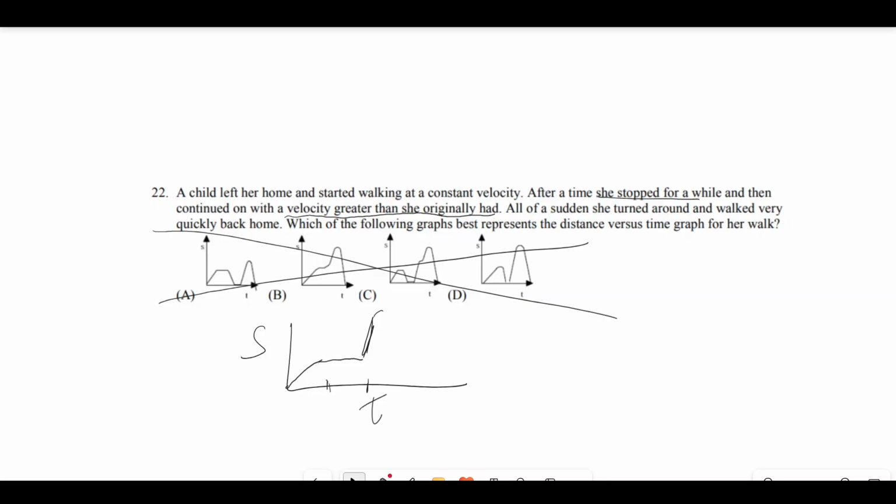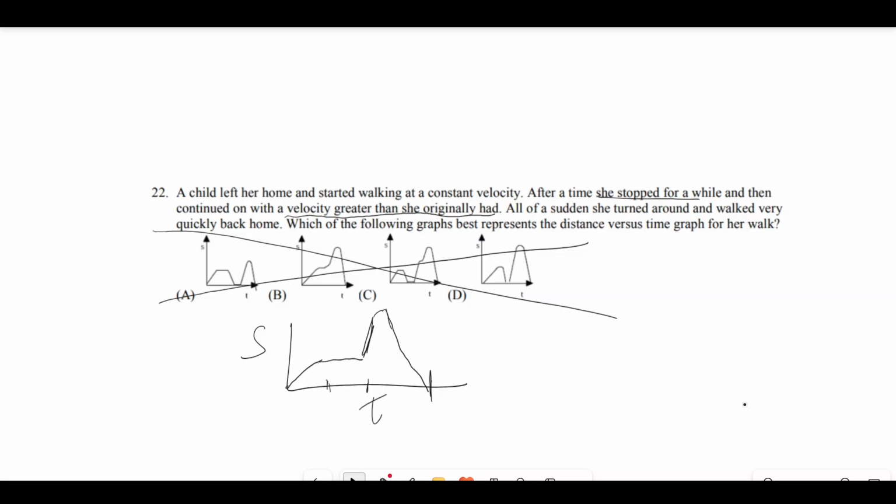Knowing quickly, that means it's going to be an aggressive line. The reason it's going to be aggressive is because the greater the slope, the steeper it is. So it's going to be a quick slope down, something like this, getting us back home, because this is the position and we start here, we go far away, and then we have to come back the way we came, giving us that.